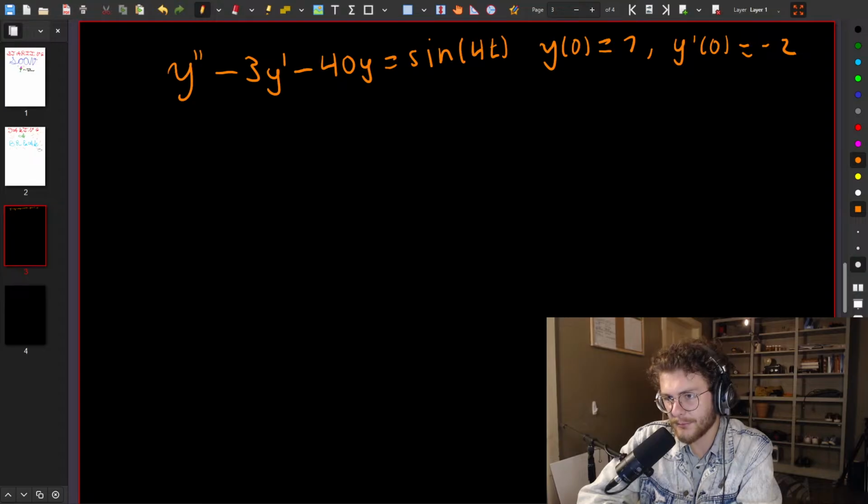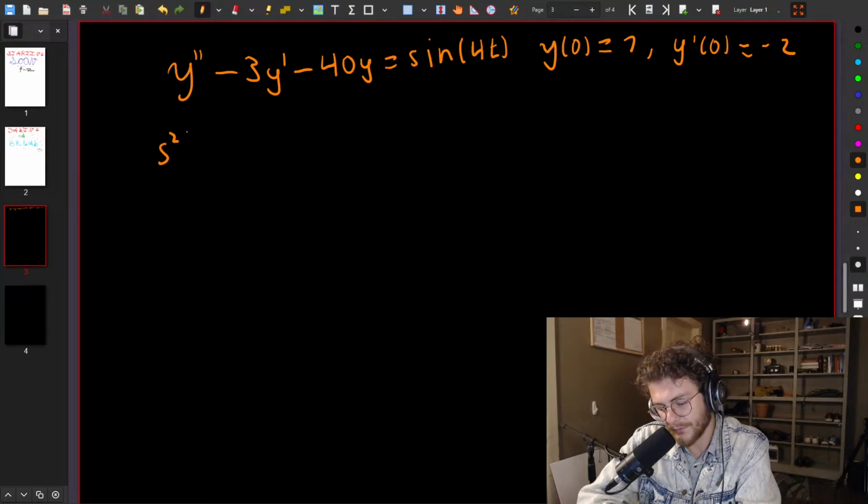Now to start this problem off, we're going to do what we do every time and set y double prime as s squared times Y of s minus s times y of 0, which is 7, so 7s, minus negative 2.